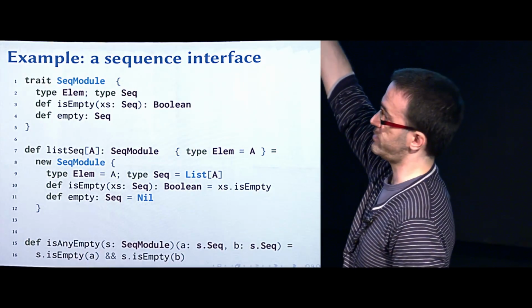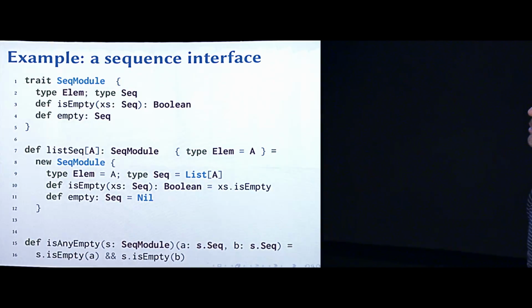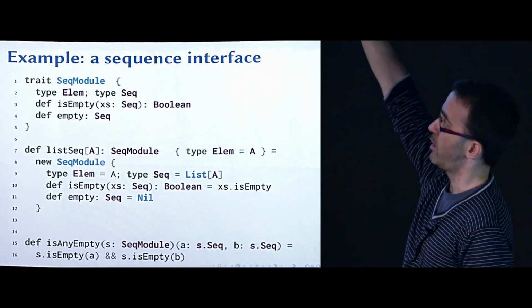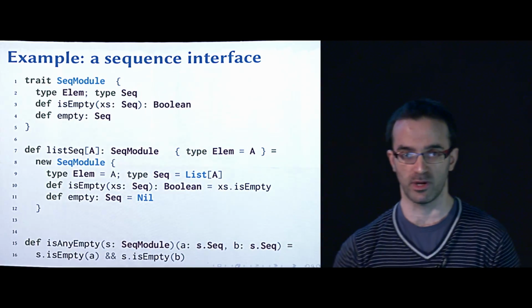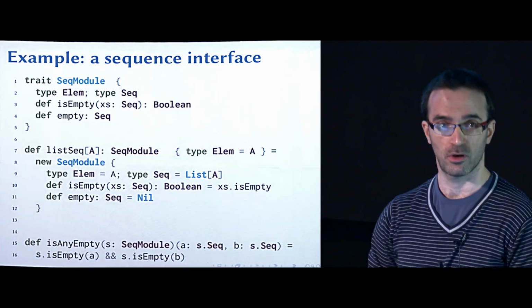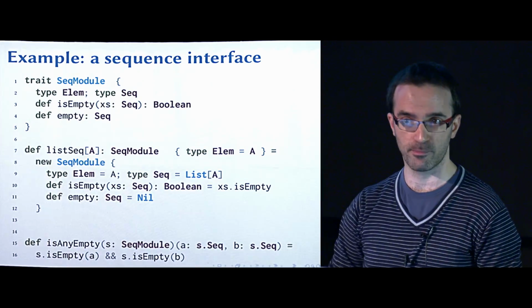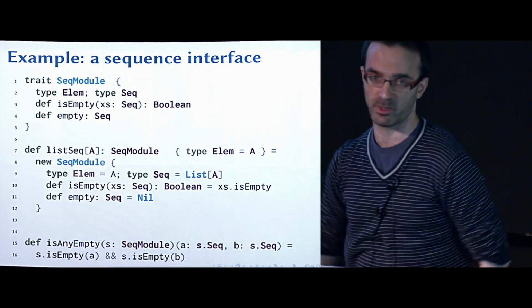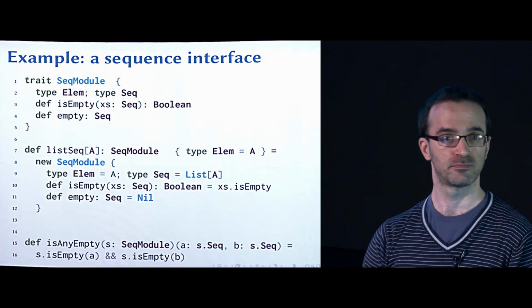In this interface, these types are left abstract. So we don't know how they are defined. And the interface also specifies that we have methods for operating on these collections, for creating collections, for doing tests on them. We would need to have many more methods, but we keep the examples here very small to make them fit on the slides.